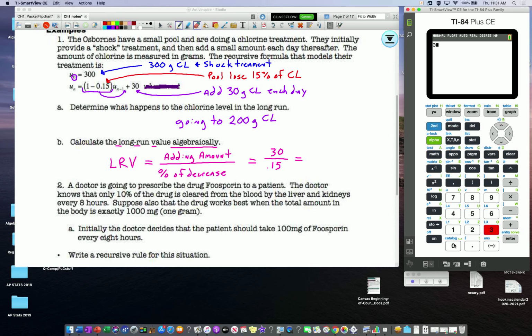So you go 30 divided by 0.15, and that number, lo and behold, see how it matches up. 200 grams. They match up. And again, that's the whole thought: you're thinking about 15% of what number is 30. So if you just simply divide these two, you'll get that number, and that's what you're looking at.